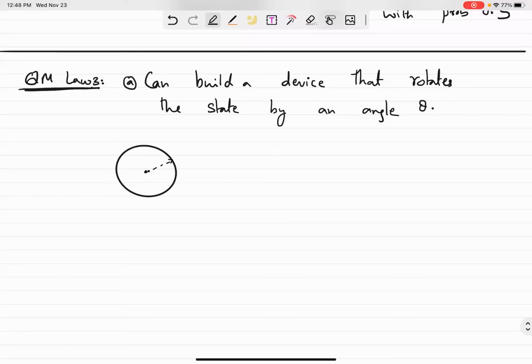Okay, so let's say this is your state. Then I can build a device. I think of this as like the photon going in, and this is a rotation device. Physics allows you the ability to build these devices. Okay.